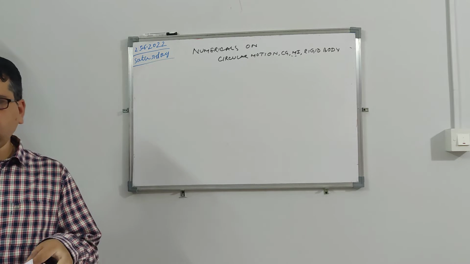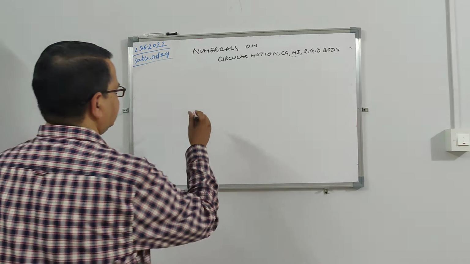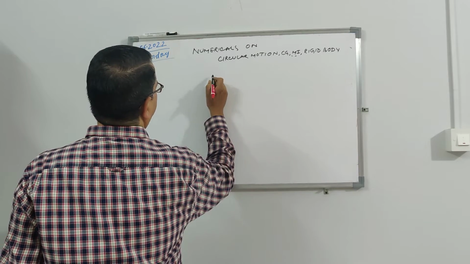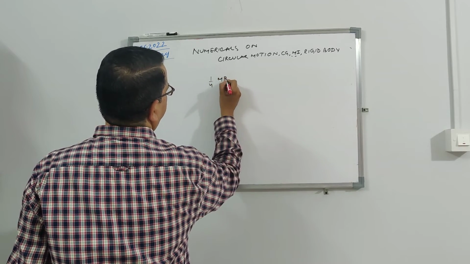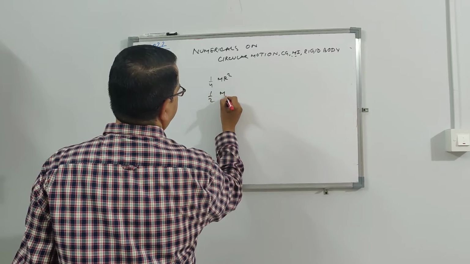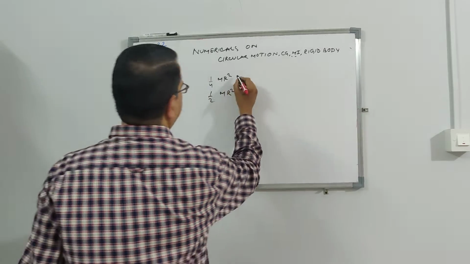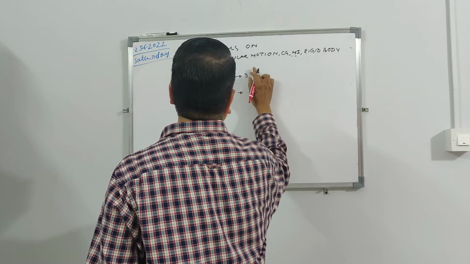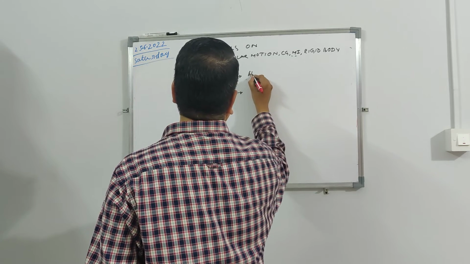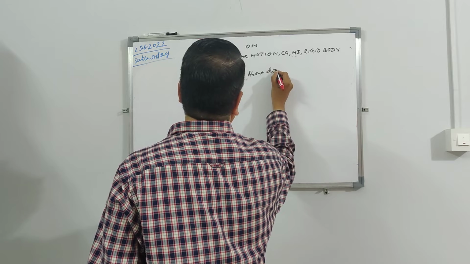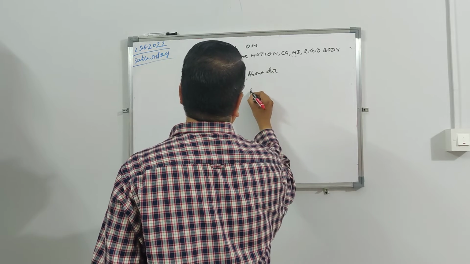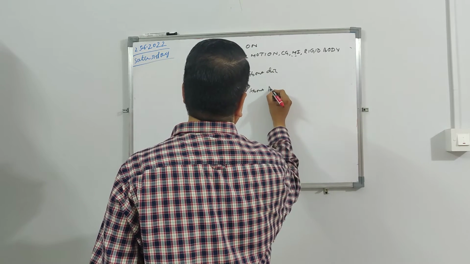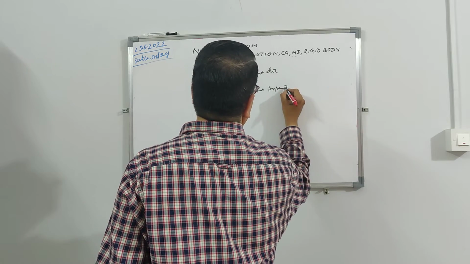So the moment of inertia: you know one is 1 by 4 mr square, another is 1 by 2 mr square, right? This is for a disk. This 1 by 4 mr square is about the diameter, and half mr square is about the perpendicular axis, the z axis.